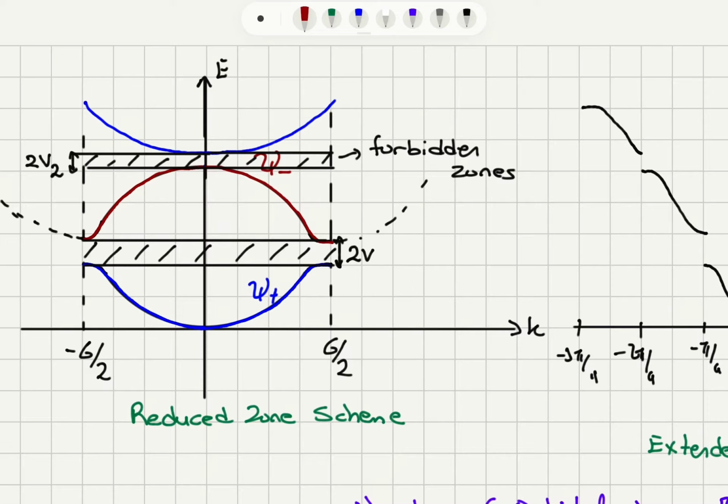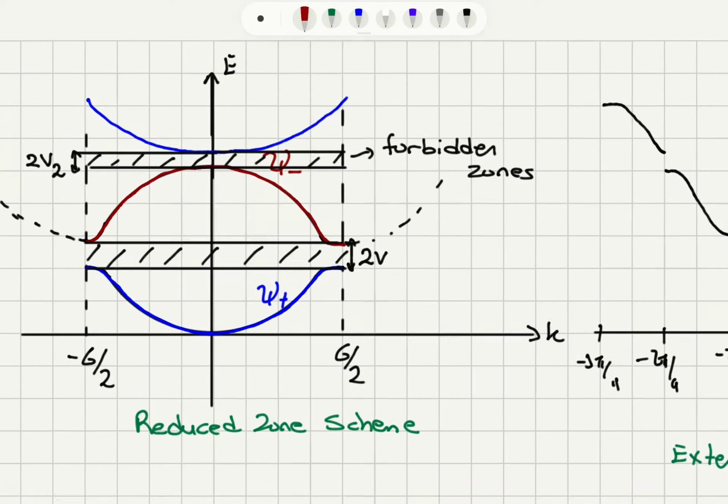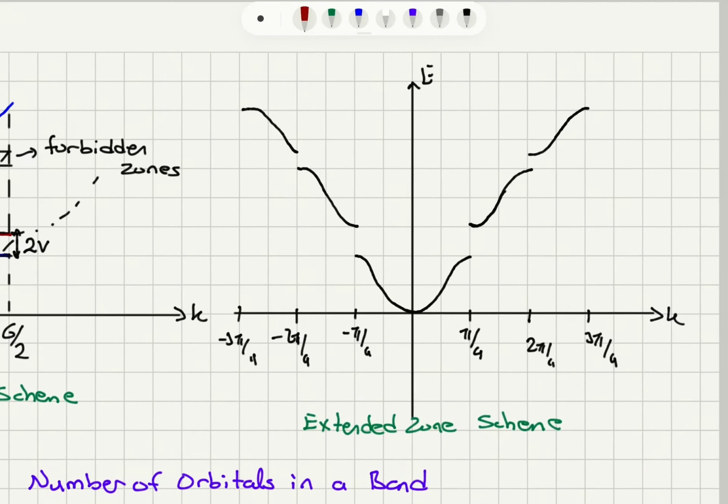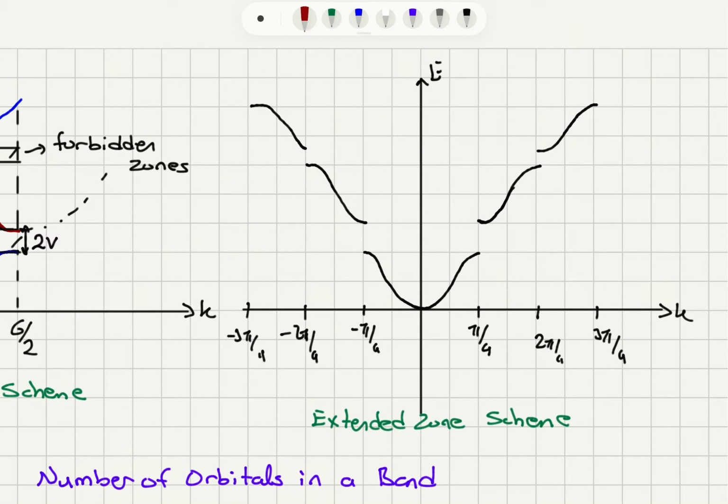So for the first Brillouin zone boundary it would be 2 times V, and in the second Brillouin zone boundary we will have 2 times V2, which is the second Fourier coefficient of the potential. So this is in our reduced zone scheme. This reduced zone scheme was obtained by using the extended zone scheme and carrying the energy versus k plots by the appropriate reciprocal vectors back into the first Brillouin zone.